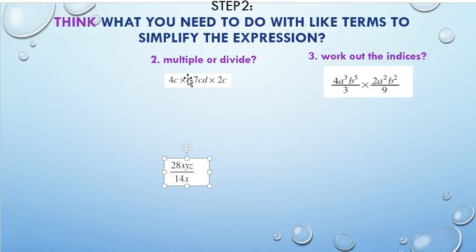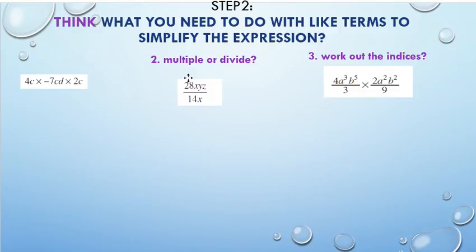So I will take the multiplication over here to have some space, and the division there, and let's start thinking and learning how we are going to open it up. I'm reading in this expression 4c times minus 7cd times 2c.